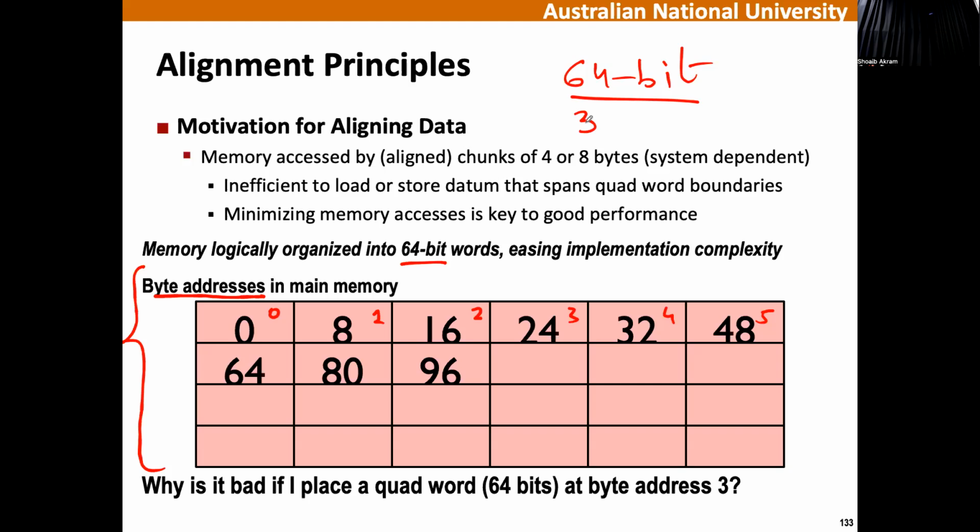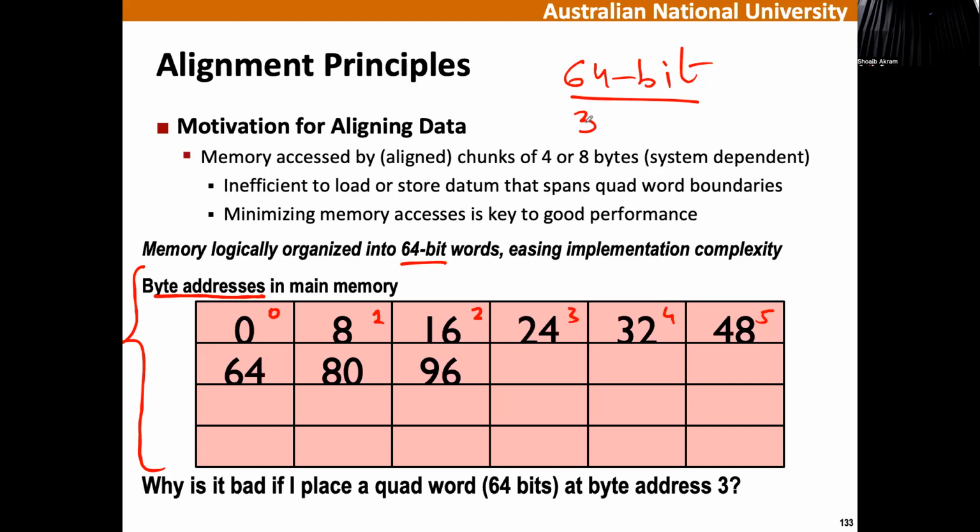Processors do 1 memory access for each word. They logically divide memory into 64-bit words and read a word at a time. So if I say byte address 0, the processor will bring 64 bits. If I say byte address 8, it will bring 64 bits. If I place a 64-bit word, a quad word, at byte address 3, what is the inefficiency?